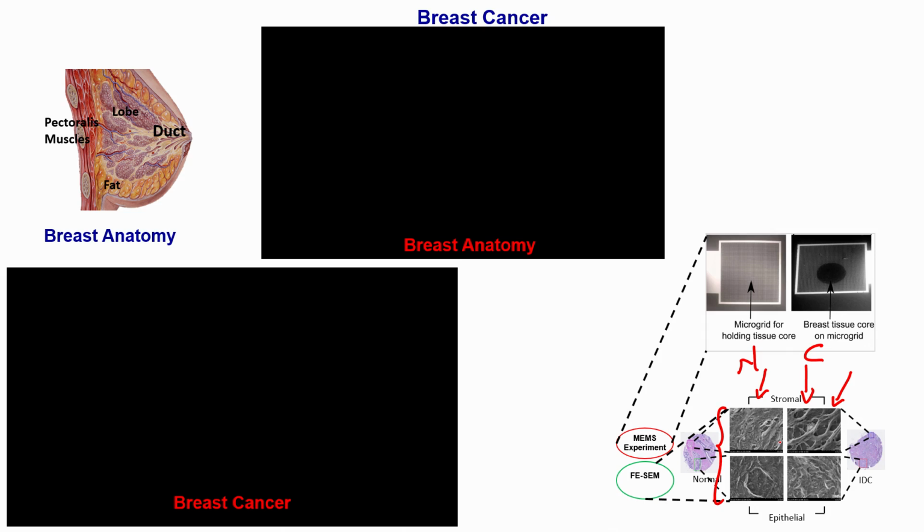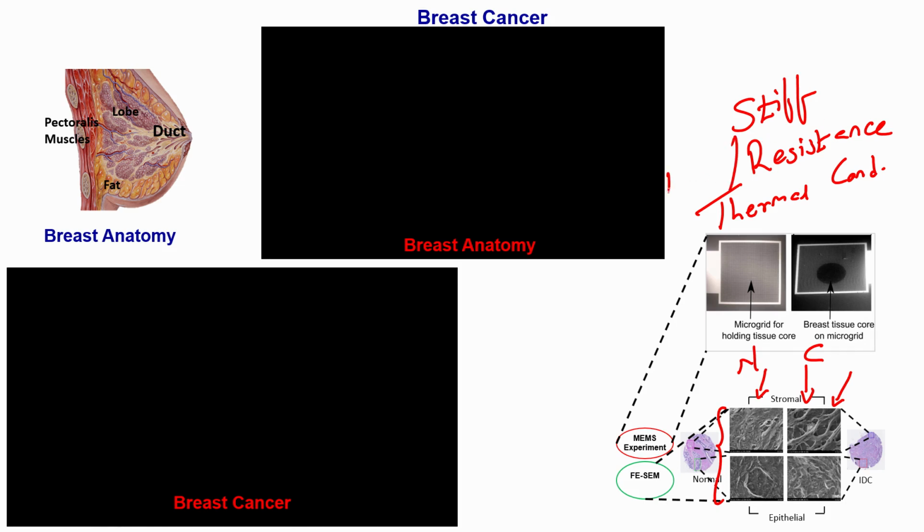That means that apart from stiffness of the tissue, we can measure the resistance of the tissue, or we can measure the thermal conductivity of tissue, correct. We can measure the resistivity, resistance, or we can say impedance, right.